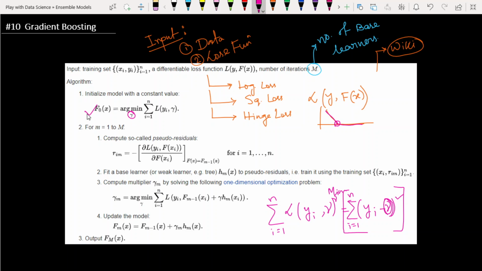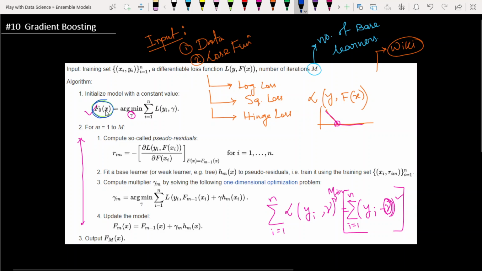Okay, this is our simple initial stage. Now our number of base learners is m, so we have to iterate this process up to m stages.